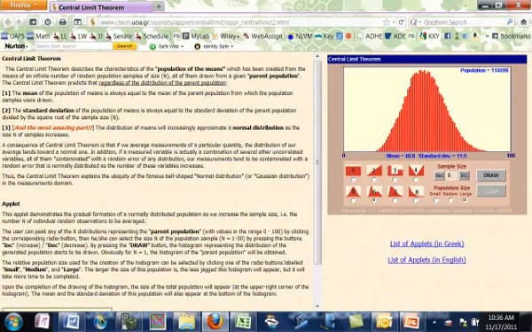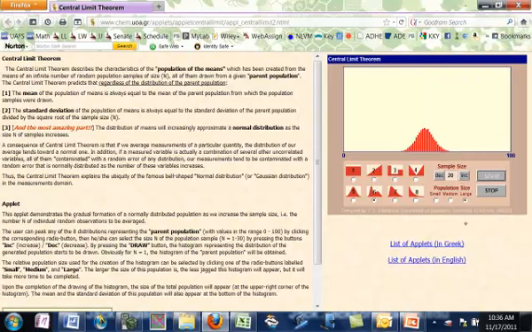That's looking more like normal. How about 5? 5 is looking very much like normal. Let's skip ahead. 10. Ah, very normal looking. 20. It's getting less and less variable. Right now the standard deviation is 5.1. Let's go to 30 and see what happens.